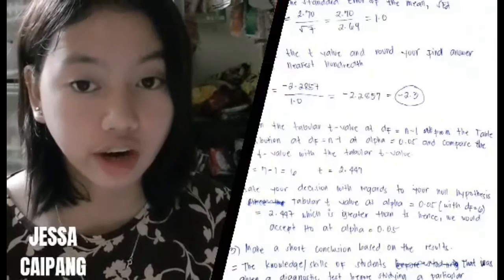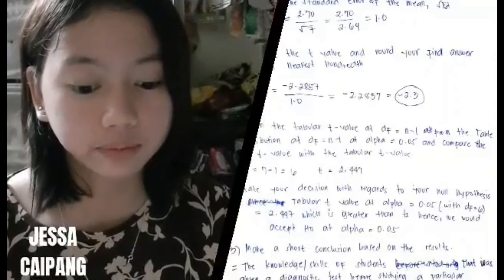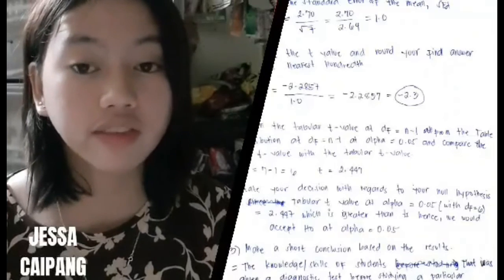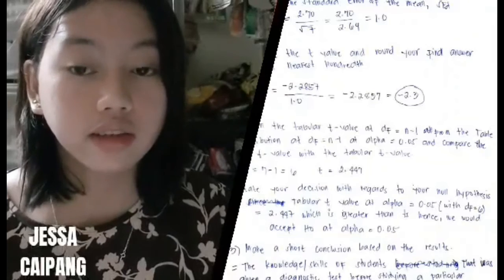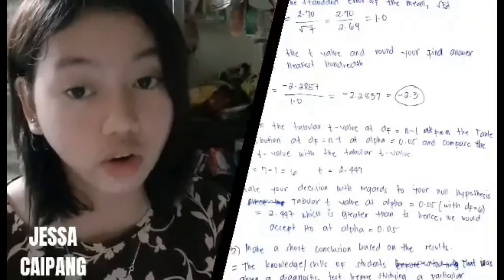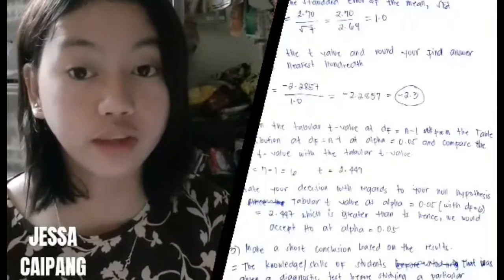Divided by our standard error of 1.0, equals negative 2.2857. Rounding off to the nearest hundredth, it becomes negative 2.3. This is our t value.